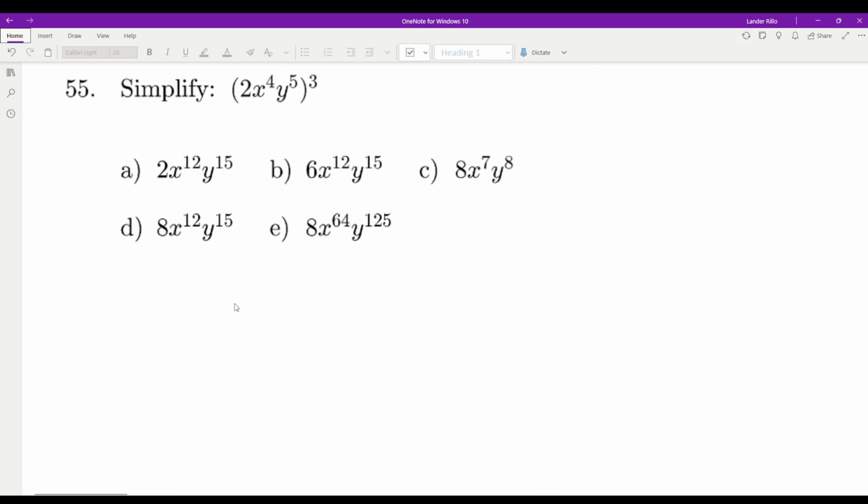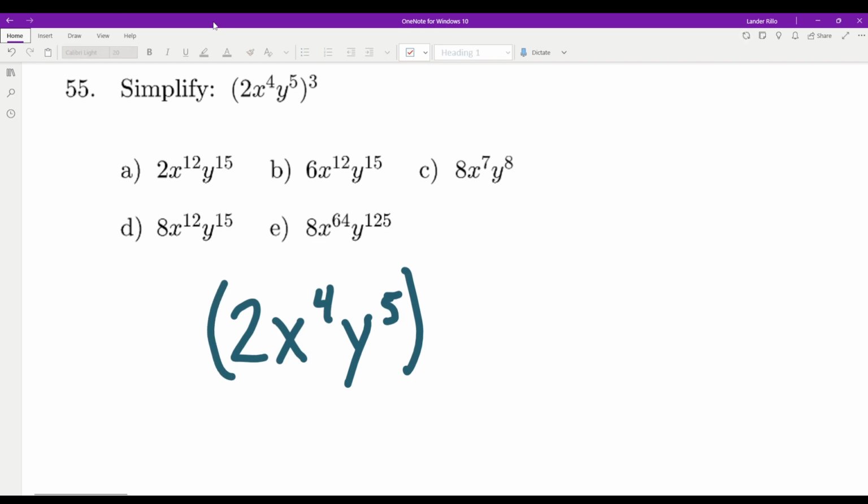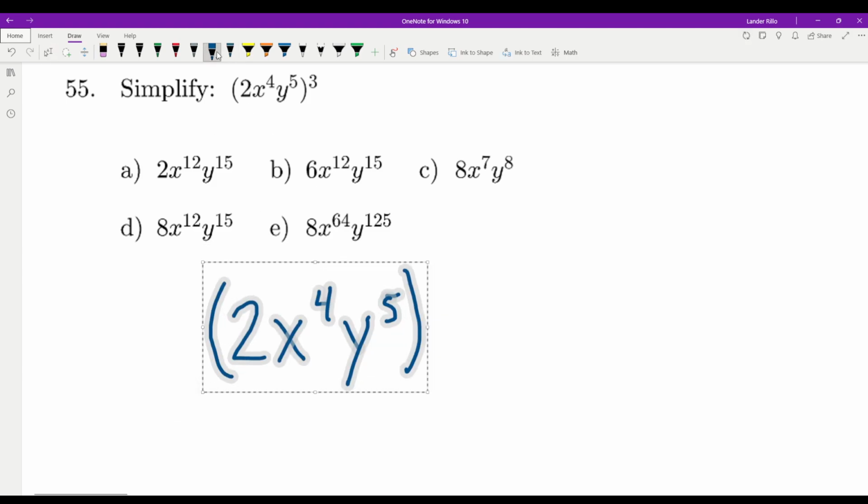Next, let's do this. Now, there are different ways of doing this, of course. I think it's best if I just change the width of this pen smaller. Okay. Power 3.